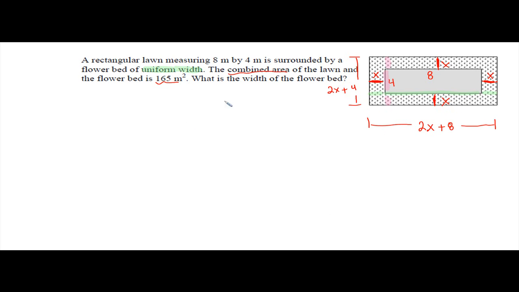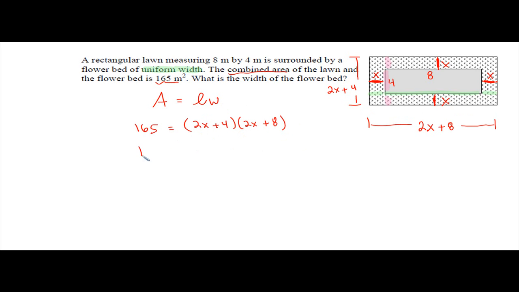Now let's set everything up. We know the area is equal to the length times the width. The combined area of the lawn and the flower bed is 165. So 165 is equal to, we take the two sides and multiply them with each other, 2x plus 4 times 2x plus 8.